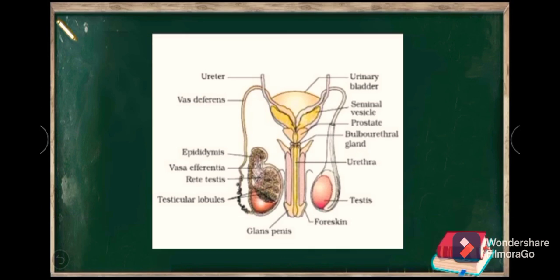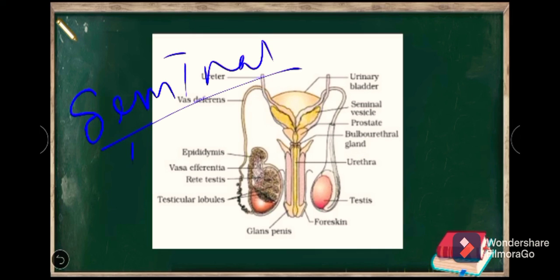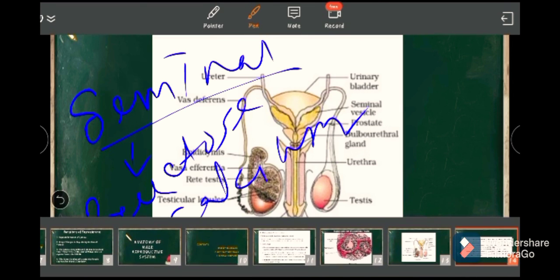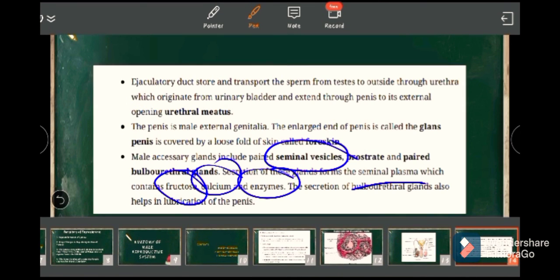So what we have come to know from here is that this seminal fluid helps the male reproductive system a lot, because it supplies many nutrients like fructose, calcium, and different enzymes. And what is the function of the bulbourethral gland?